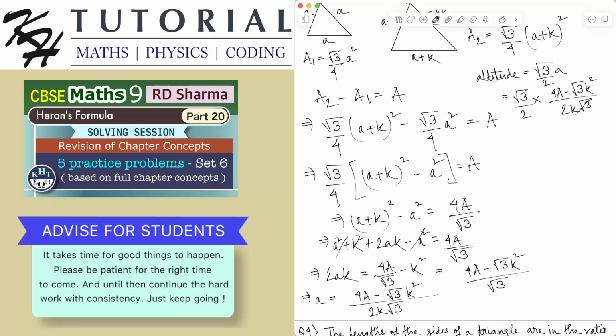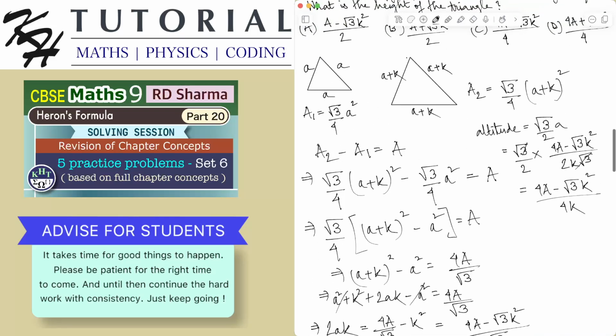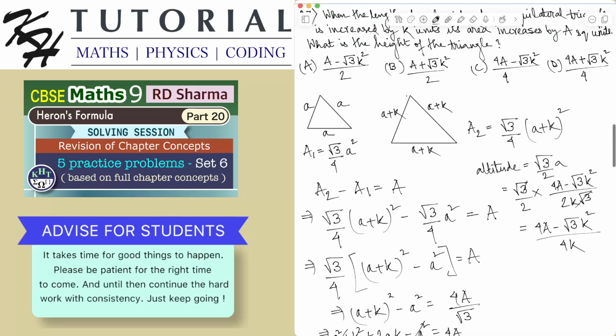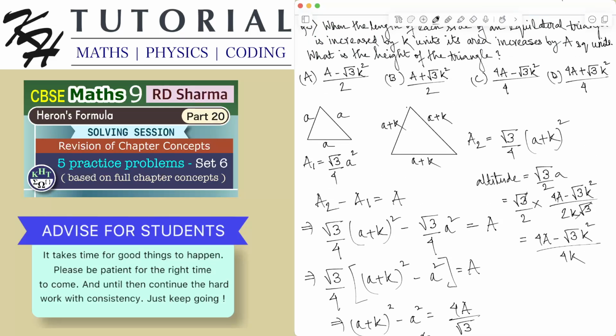Square root of 3 cancels out. After simplification, this becomes 4a minus square root of 3 k square divided by 4k. So 4a minus square root of 3 into k square divided by 4k is the height or altitude of the original equilateral triangle.